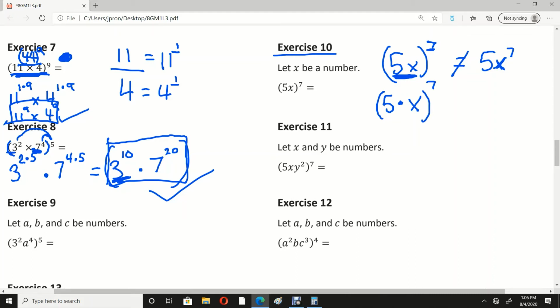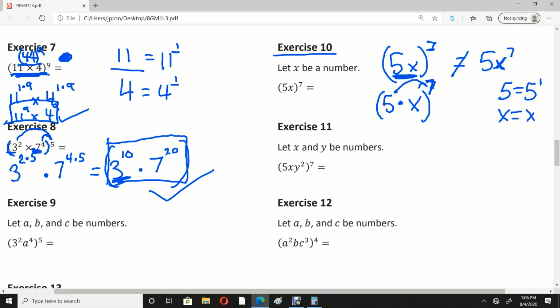So what we want to do again is distribute the 7 into the parentheses. We want to multiply the exponent on the outside with the exponents on the inside. So again, what's the exponent over 5? It's an implied 1, right? But what about x? Does x have an implied exponent?